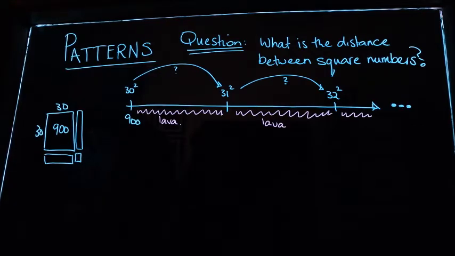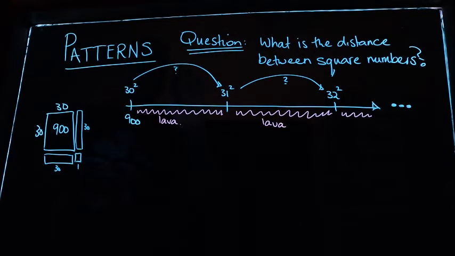So to build the next square, which is 31 squared, I'm going to need 30 and 30 here and 1 in the corner. So I know up here I need to add 61. So 900 plus 61, the mathematics there is quite easy.